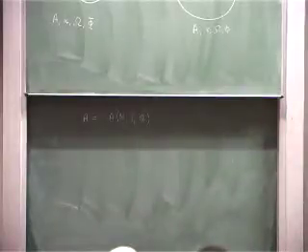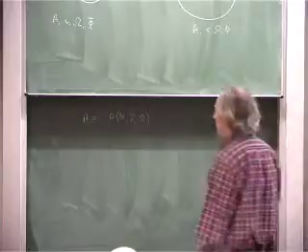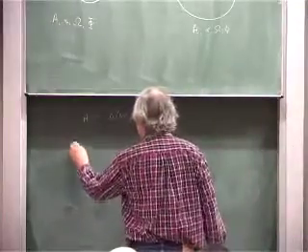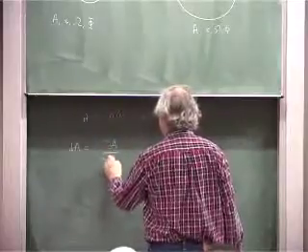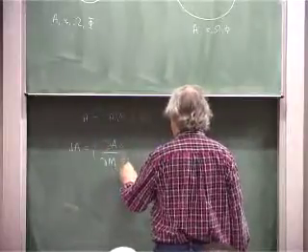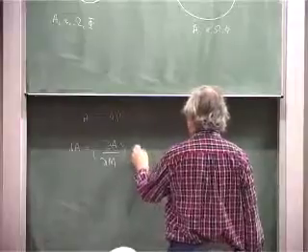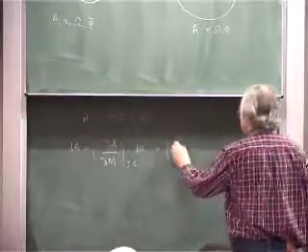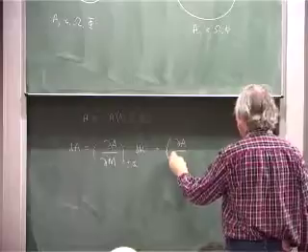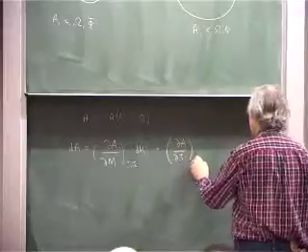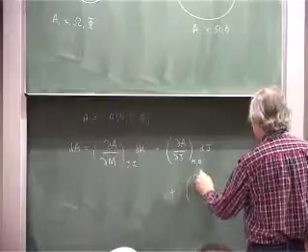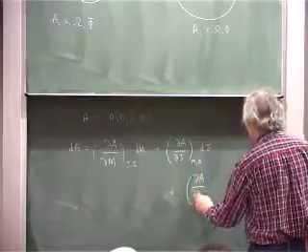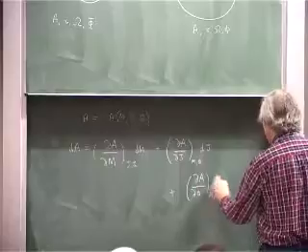If I carry out the variation as specified here, then from the chain rule, the change in the area is equal to dA by dm at constant j and q times dm, plus dA by dj at constant m and q times dj, plus dA by dq at constant m and j times dq.